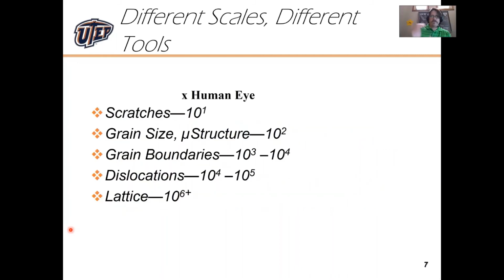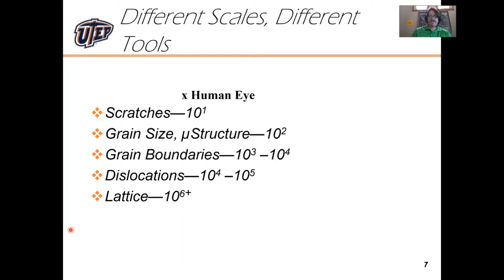Different scales require different tools, and so scratches could be seen at 10 times the human eye, which you can see with the human eye. Grain size or microstructure, a higher power, and grain boundaries, dislocations, and lattice structure, you can see the exponent getting bigger and bigger and bigger. So how much power we need.